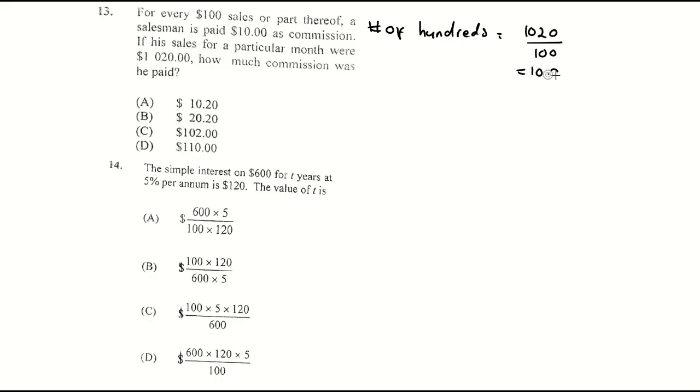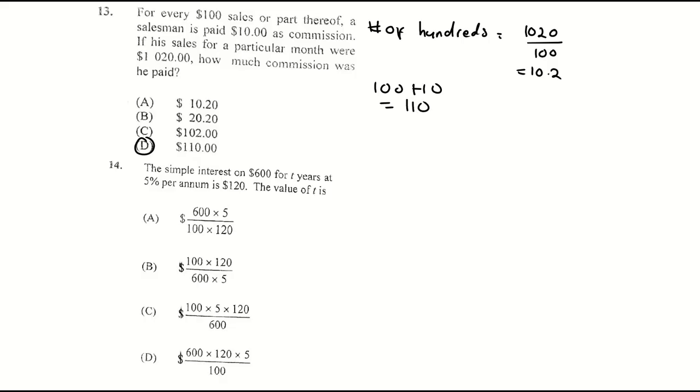So you're getting 10.2. Now he's being paid $10, 10 by 10 is 100. And then he's also being paid an extra $10 for part thereof, because point 2 is part of 100, right? So you have to plus 10 there. So he's being paid $110. So the answer would be D.